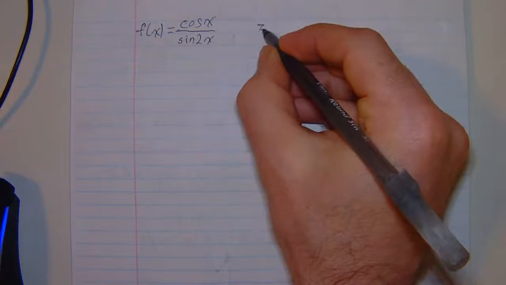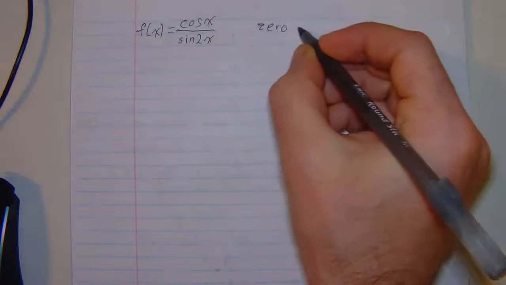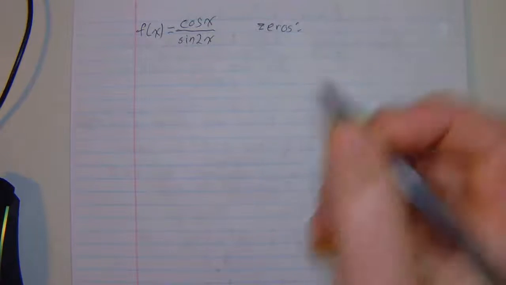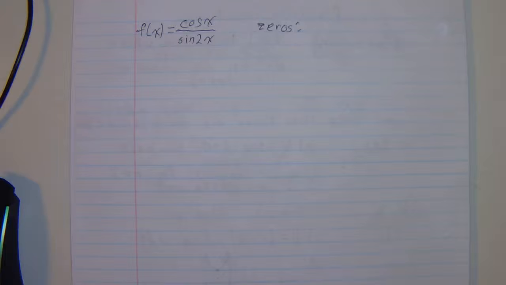Just go ahead and type it into chat when you figure out where the zeros are for cos x over sine 2x. Feel free to put your answer up in chat. I'll give you probably 30 seconds to a minute to try that out.